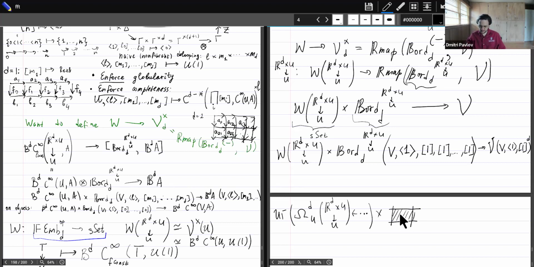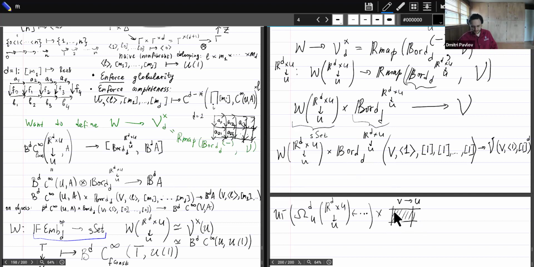These Bordisms are equipped with an embedding into RD. And also, of course, capital V maps to U. So we have a map from V to U, and the Bordism is equipped with an embedding into RD, or more precisely, a smooth family of such embeddings, one embedding for every point of capital V. As usual, I can identify a Bordism with this image under this embedding.